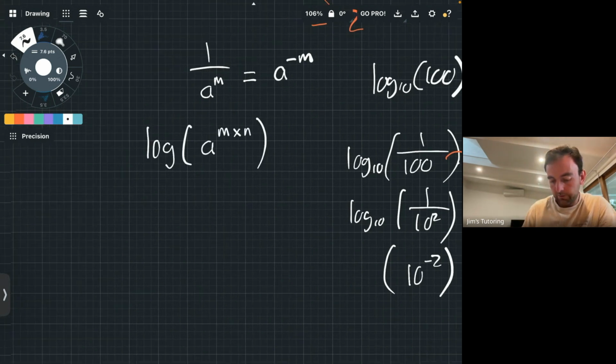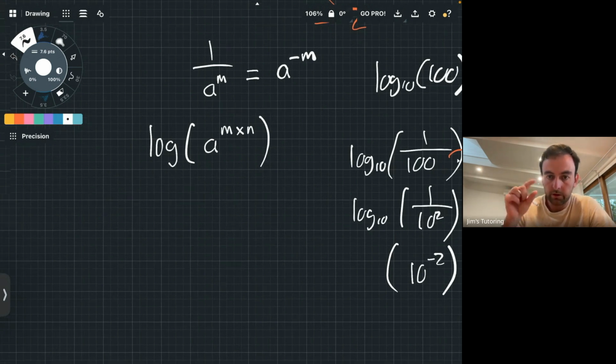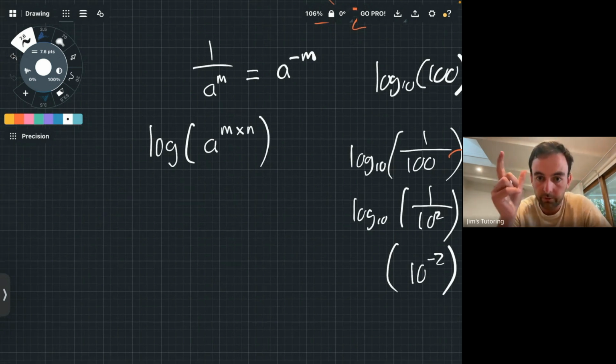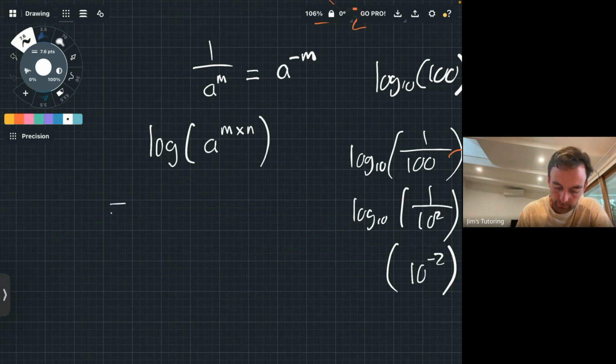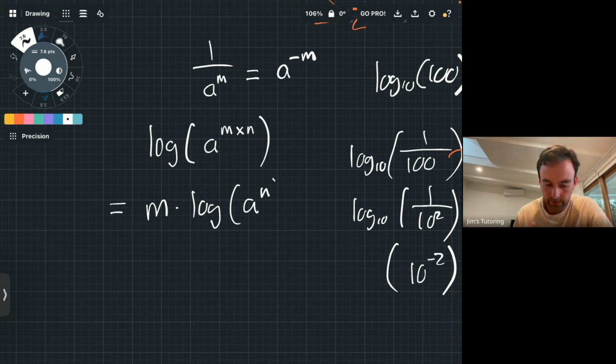So if you have any number, if you have two products for that exponent, this is the same as m times log a n. That's a little bit confusing, but basically I'm just saying that these two equations are exactly the same.